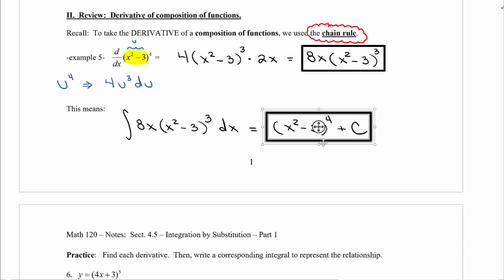So by doing this, it helps us see the relationship of how when we take the antiderivative of the derivative, we come back to that original function, of course, with the addition of the constant c. And we want to keep this in mind, so what we're going to be doing next is practicing that. We're going to be writing out this relationship to get used to that idea.